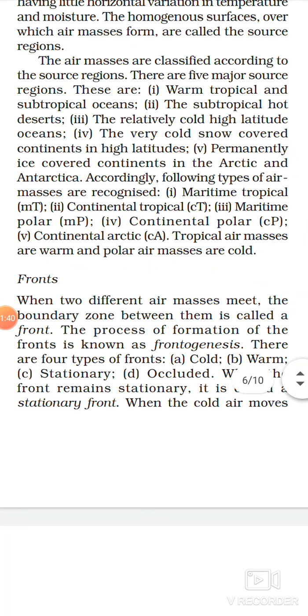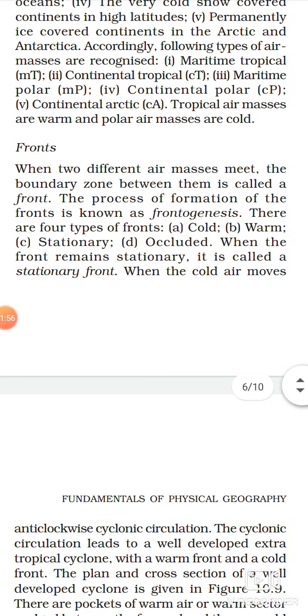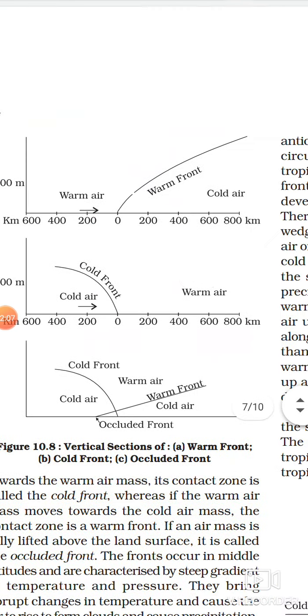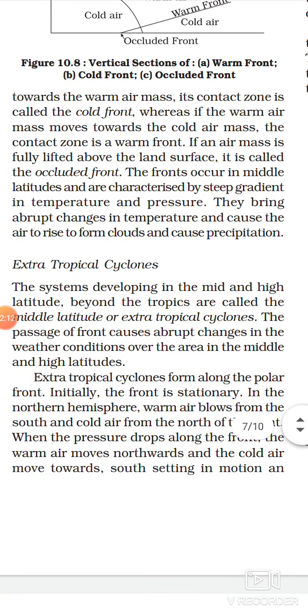Now we have the fronts. When two air masses meet, the transition zone between them is called the front. This process of formation of a front is known as frontogenesis. Four types of fronts: cold, warm, stationary, and occluded. When the front remains stationary, it is called a stationary front. When the cool air moves towards the warm air mass, the contact zone is called the cold front.